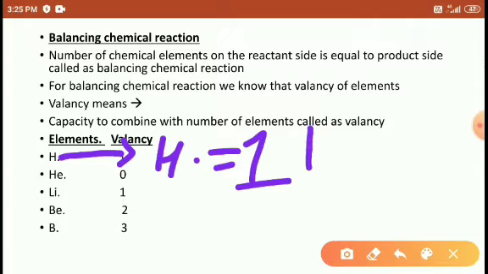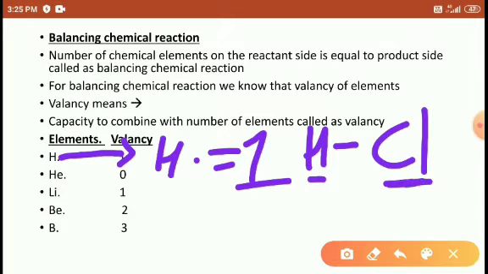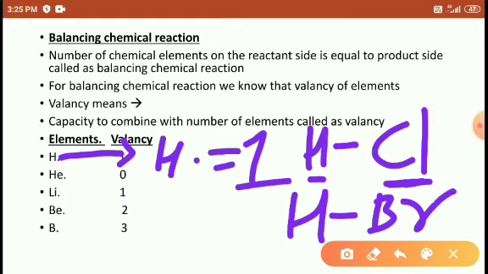For example, in HCl, hydrogen bonds with only one species, that is chlorine. And in HBr, hydrogen bonds with only one species. Right, students?